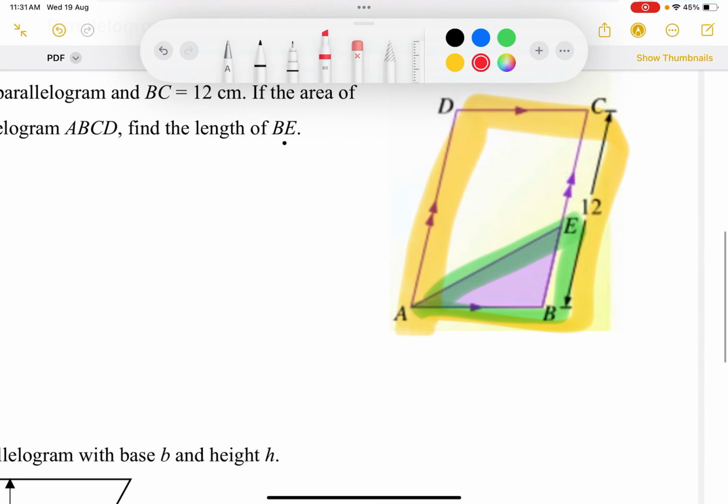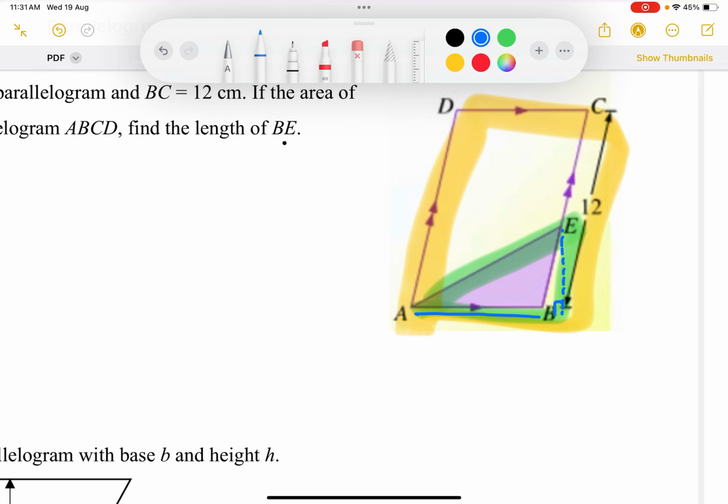So it turns out, for the triangle, there are 3 options for your perpendicular height with the corresponding base. If we choose this as a base, then this will be the perpendicular height.